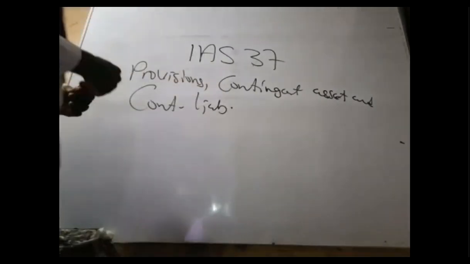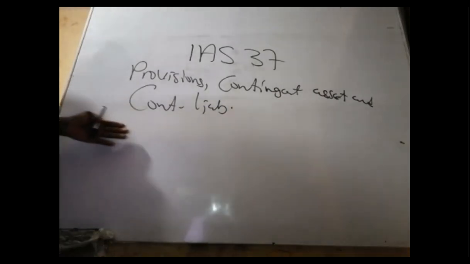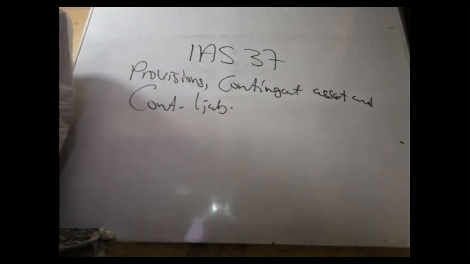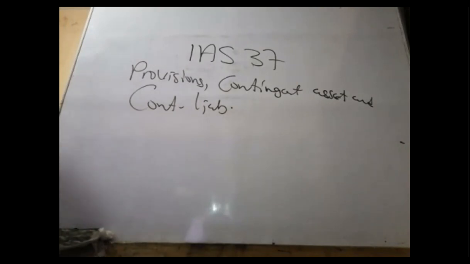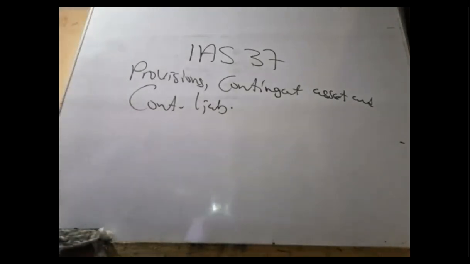That is all. If you look at the tutorial section, we are now going to look at the questions. So we are going through a series of questions on provisions and how we should handle them.